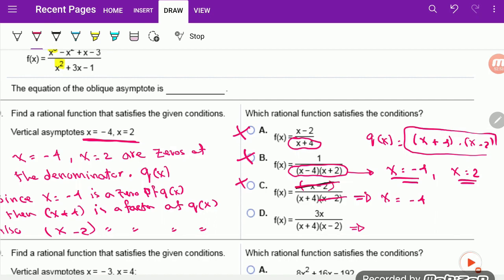Set the denominator to 0, and you get x equals -4 and x equals 2, exactly what we have for the vertical asymptotes. Also, compare p of x and q of x. They don't have any common factor. So the answer is going to be D. Okay.